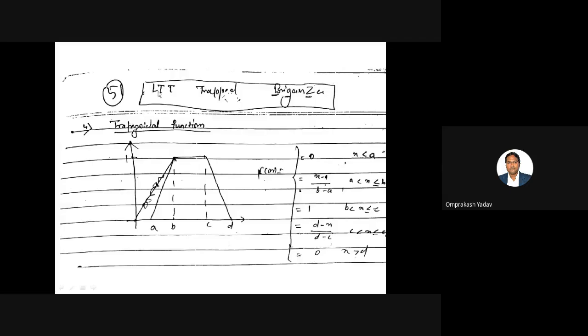So L function, T triangular, trapezoidal, B bell shape, G Gaussian, and Z the ZA function. You can mark this. You can underline L, then T, then trapezoidal, then B, G, and ZA.